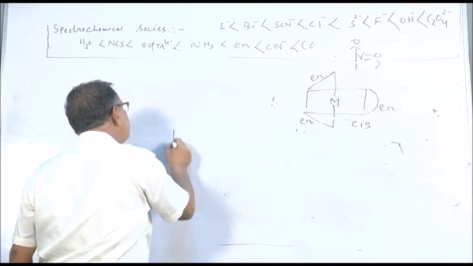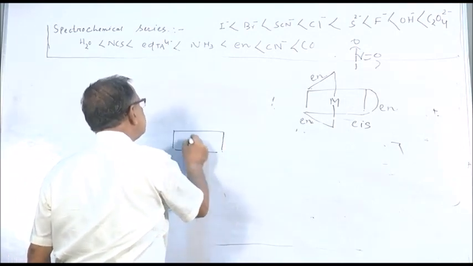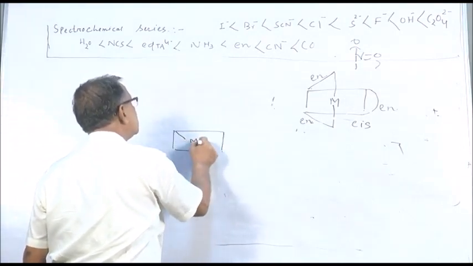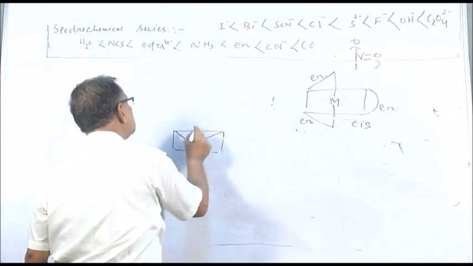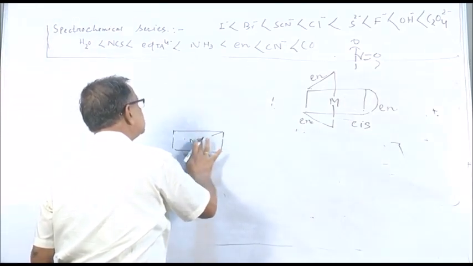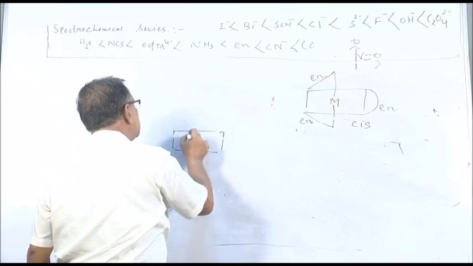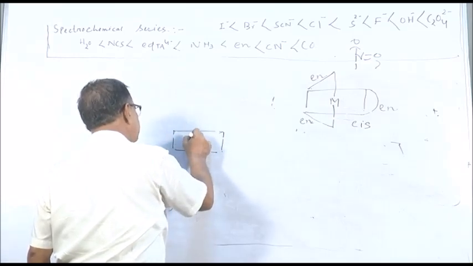We may write M with bidentate ligands like this.